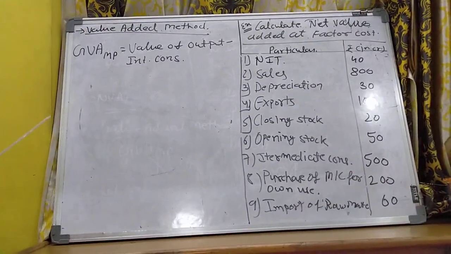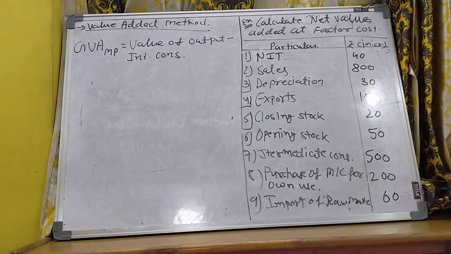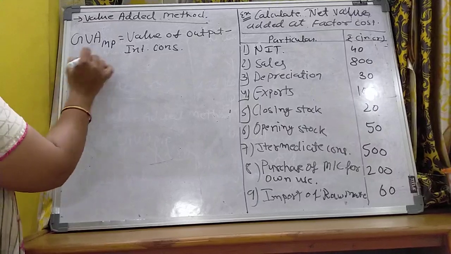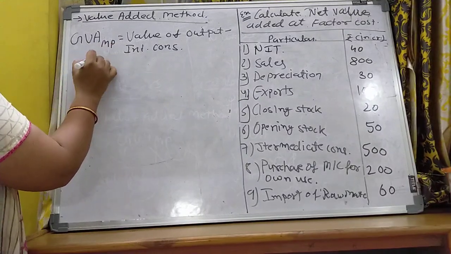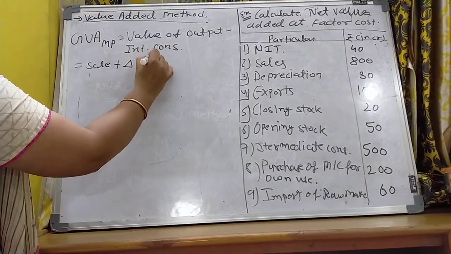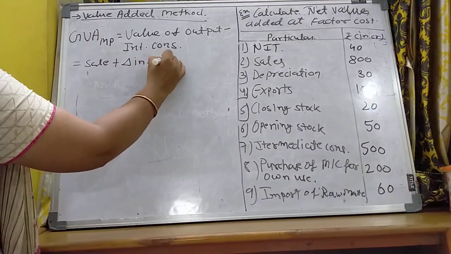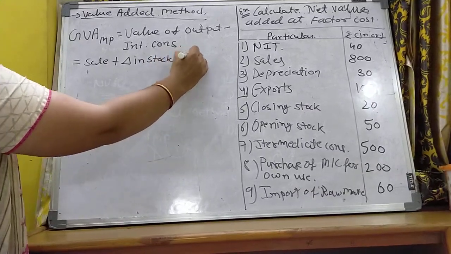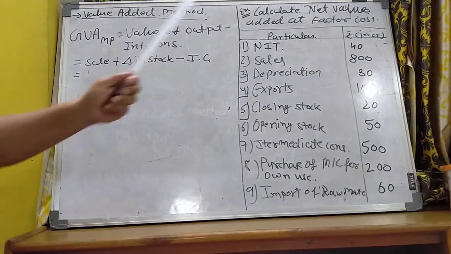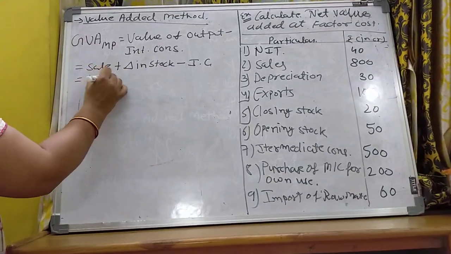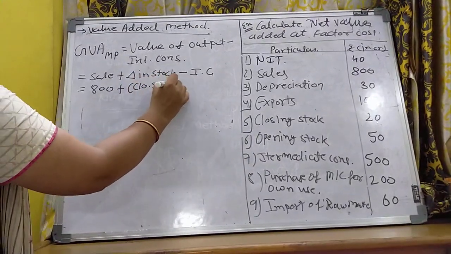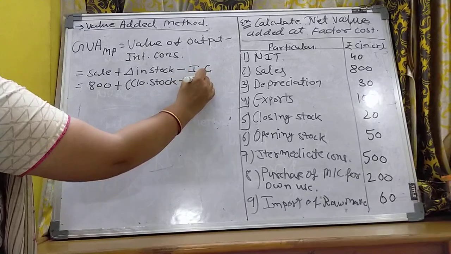Already we had seen what we mean by the value of output. So sales plus change in stock. Clear? So value of output means sales plus change in stock, and minus intermediate consumption. Sales is directly given to you, so 800 plus change in stock, it means closing stock minus opening stock.